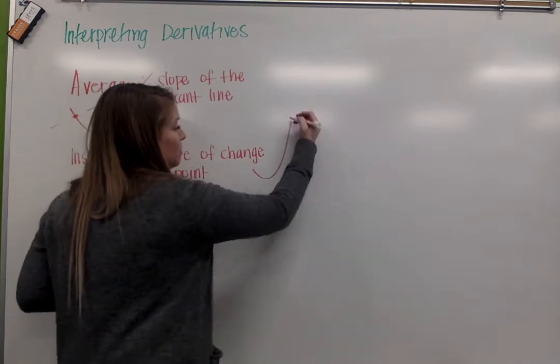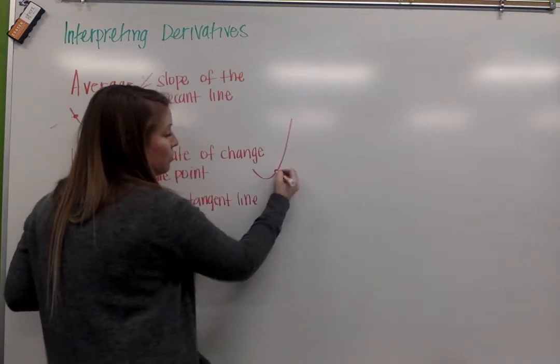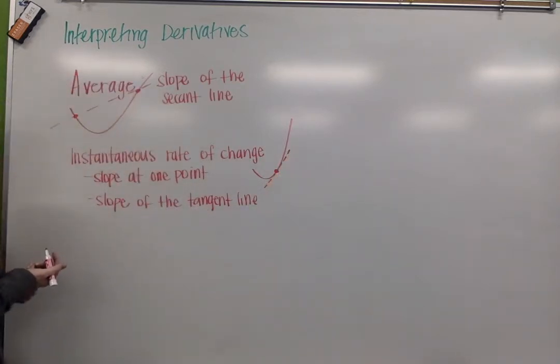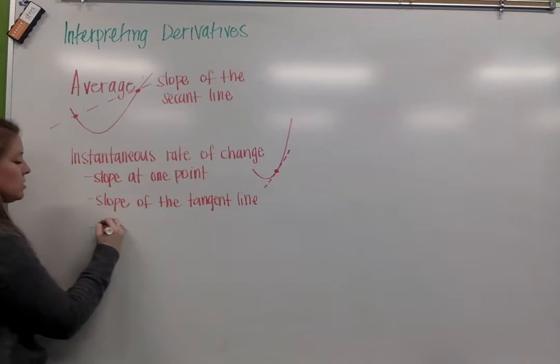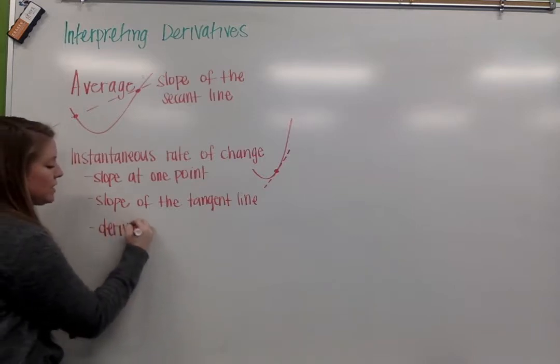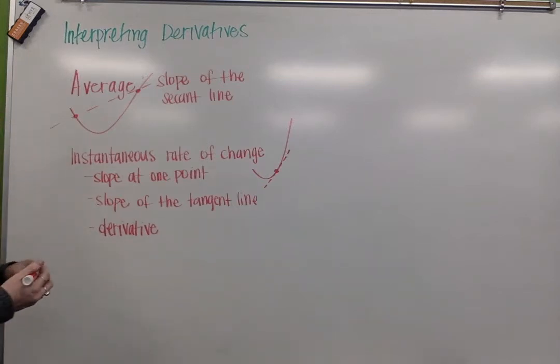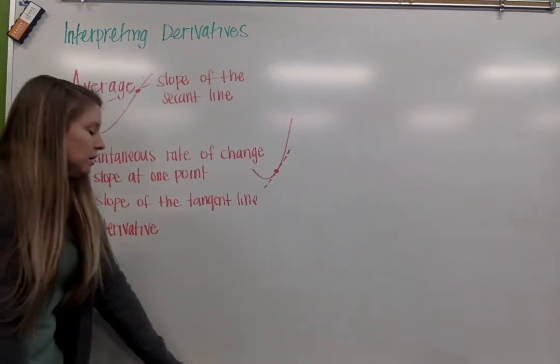So again, if we had some curve, we're finding the slope at this 1 point, which is our tangent line, like this. We also know that this is where we take the derivative. Okay? All right.